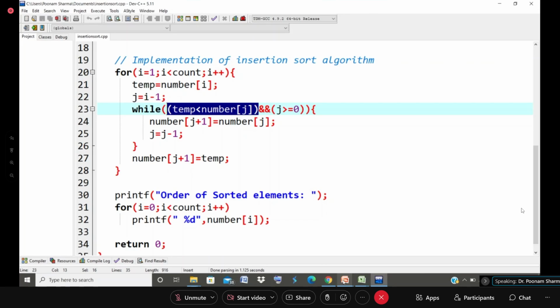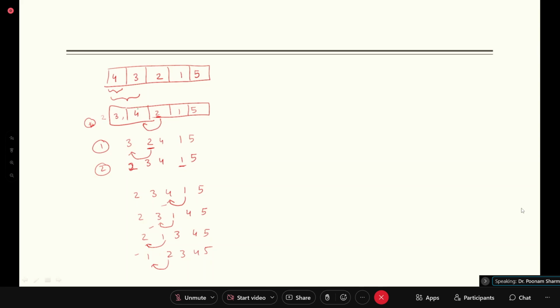If you remember, I showed this thing. For example, in this case, 4, we are comparing 3 and 4, right? So 3 we have skipped as A0, and this one here we are starting. So what we did, we placed this 4 in temp. So temp is now having 4.